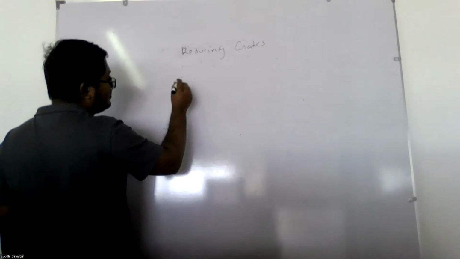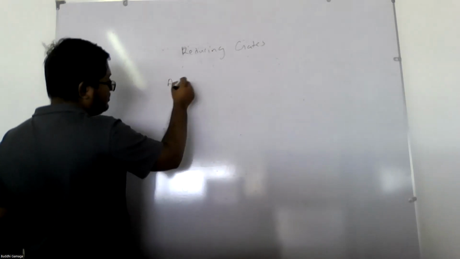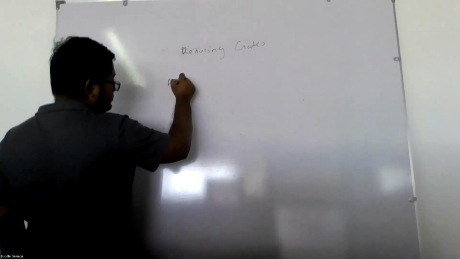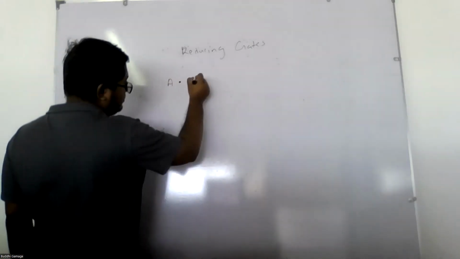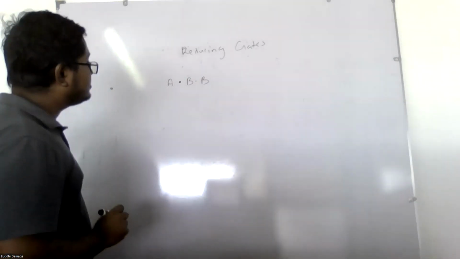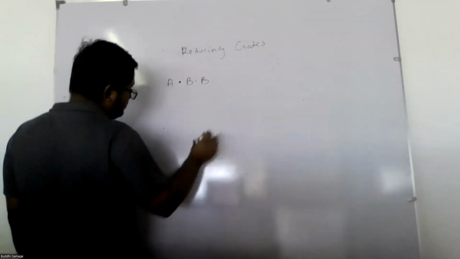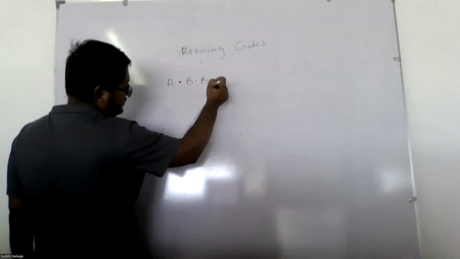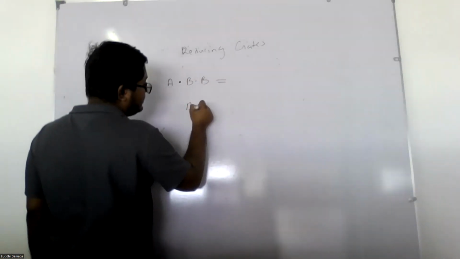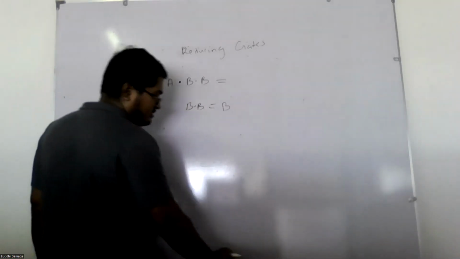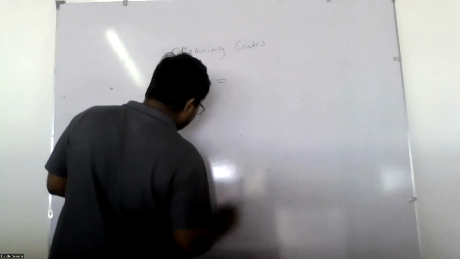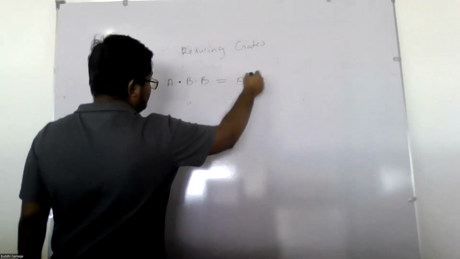Consider the output A into (B plus B). Right? If you are aware of Boolean algebra, B dot B will be equal to B. So that's from the Boolean algebra. So it means A dot B.